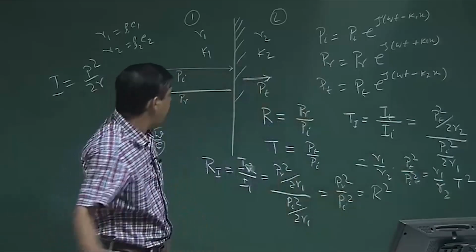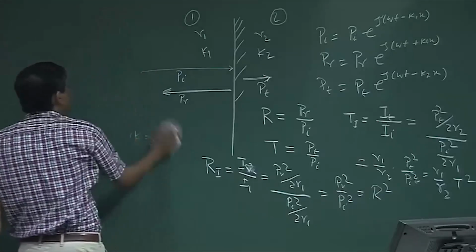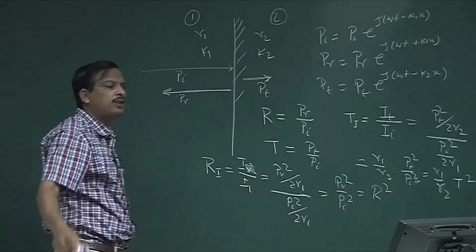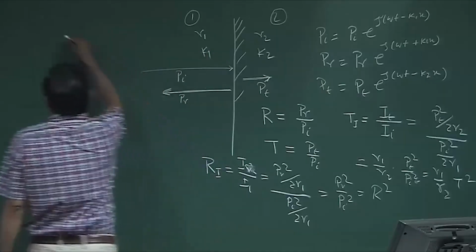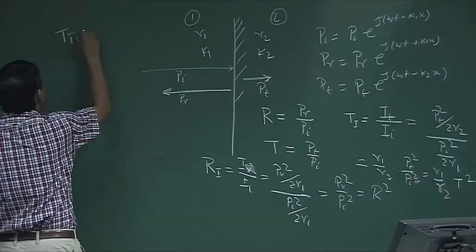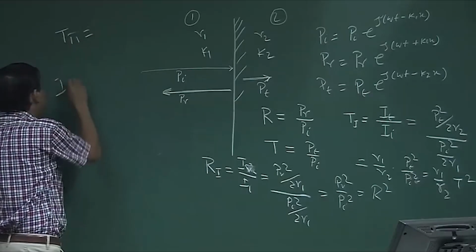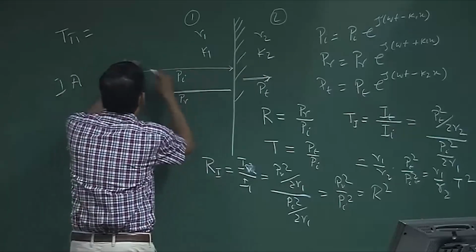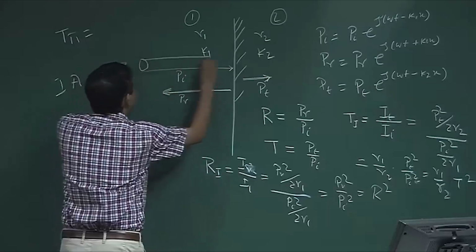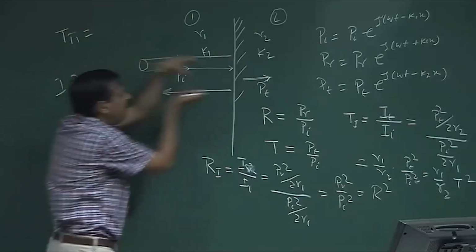Similarly, what are the transmitted power coefficient and reflected power coefficient? Power is intensity multiplied by cross-sectional area. Let us think of the incident ray as a beam of area Ai incident on the surface.